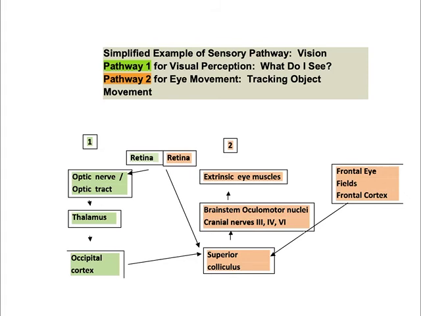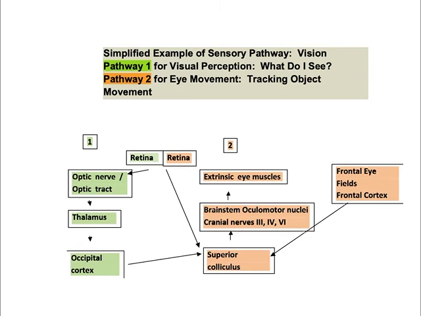the sensation that we're seeing something, and then the perception of what we're seeing is drawn from the visual association area in the occipital lobe. And then that information is also going to be routed to the superior colliculus, which is on the midbrain.